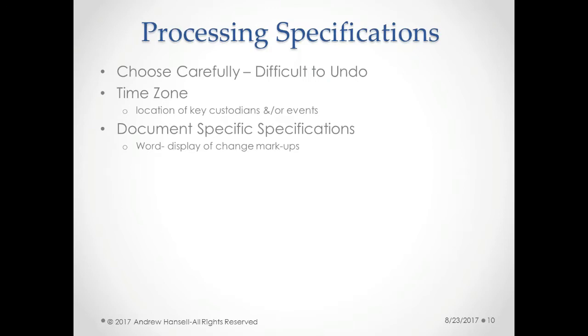If you're familiar with the product, you can either see the final markup where those changes are hidden and it just shows you a final product, or you can look at the draft where you are able to see who changed what, when, and where. Obviously, potentially, you're going to want to look at those because they are included in the native and it can affect privilege determinations in part if there are attorneys involved in making these markups as well. So it's an important choice to make there.